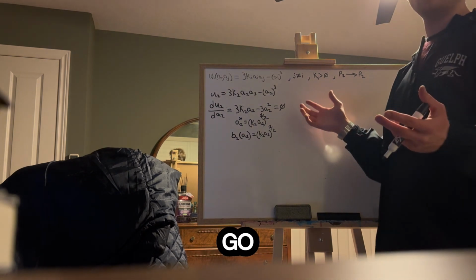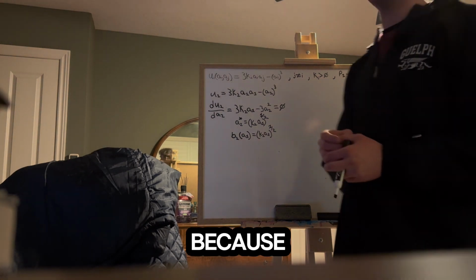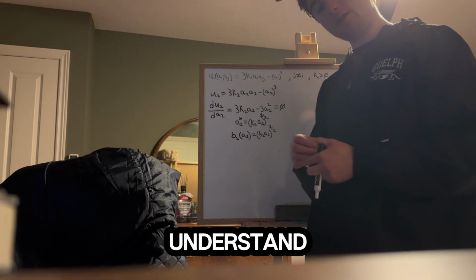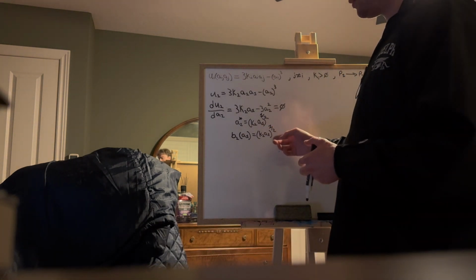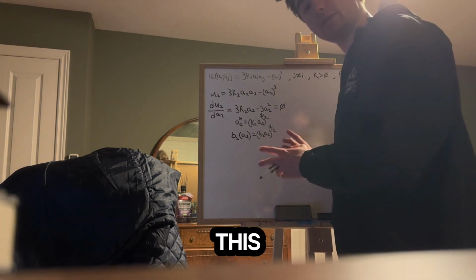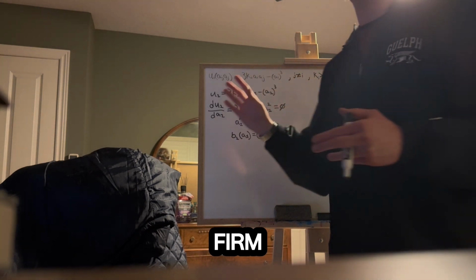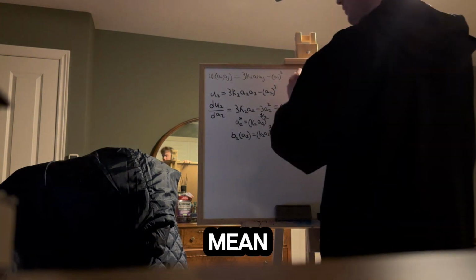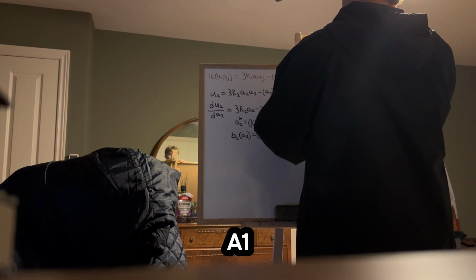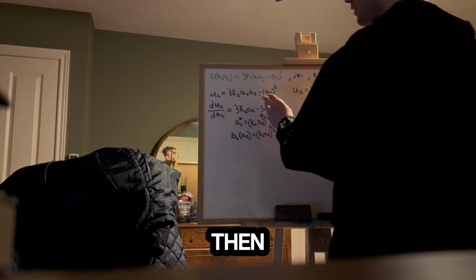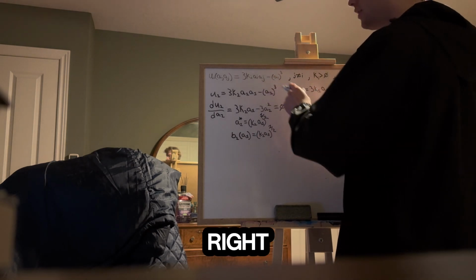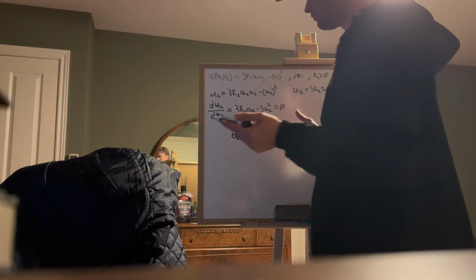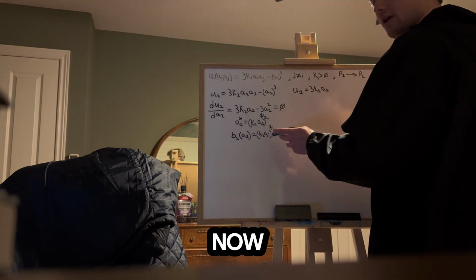But now we have to go and solve for firm 1, because firm 1 is going to understand that firm 2 is going to respond like this. So now it's up to firm 1 to respond to how firm 2 is going to act. You'll see what I mean. A1, and then you've got your A2, because you're A of J, which is now this.